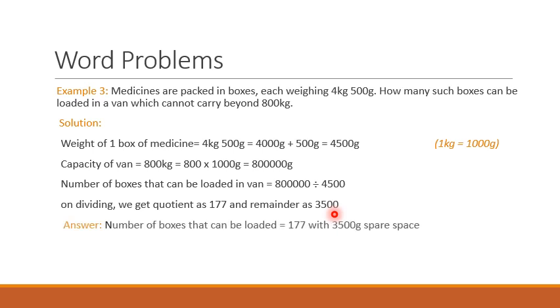So our answer is, the number of boxes that can be loaded in the van is 177 and there would be spare space of 3500 grams. That means 3 kg 500 grams.